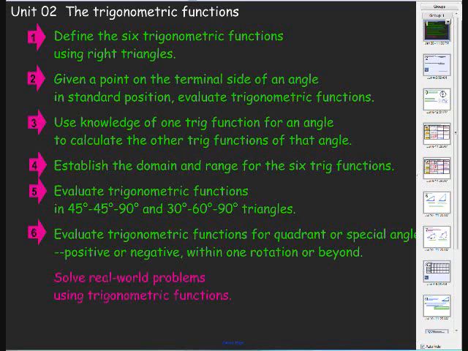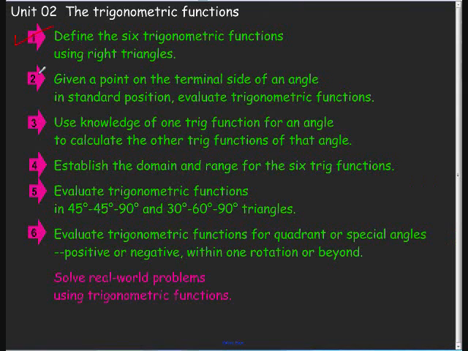3, here we come. We're still working on Unit 2, the trig functions. We're all set with knowing what the 6 basic trig functions are. We can evaluate trig functions if we know a point on the terminal side of an angle in standard position.